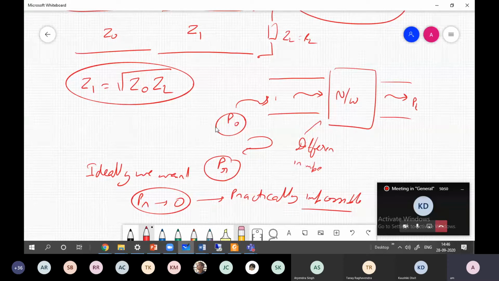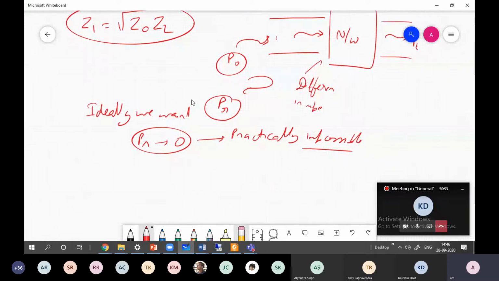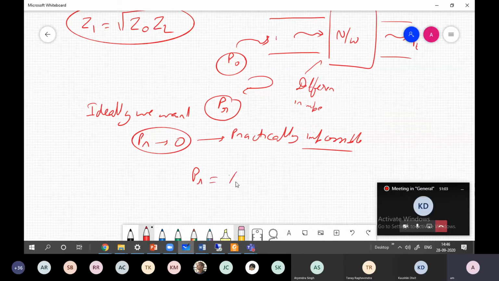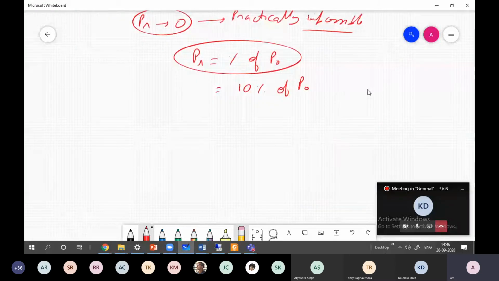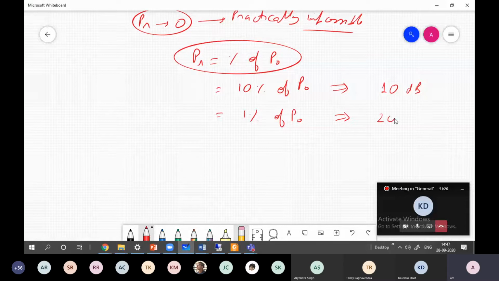So what do we do? We define PR to be a percentage of P naught, and then we will be happy with that. Let's say if it is 10% of P naught, then we are happy, or if it is 1% of P naught, then we are happy. 10% means the power is 10 dB down, 1% means it is 20 dB down.